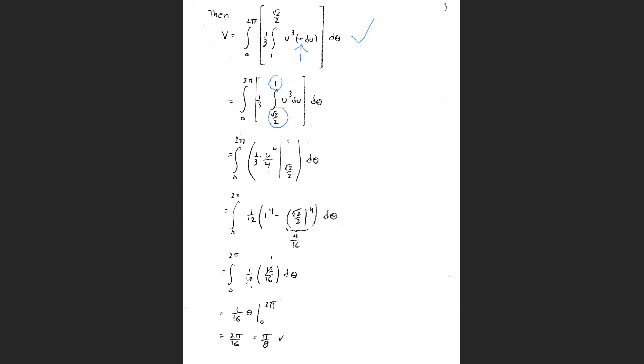Now the antiderivative of u cubed is just u to the 4th over 4. I'm going to substitute 1 and root 2 over 2. That gets me down here. So we're finding a volume of what looked like an ice cream cone, right?